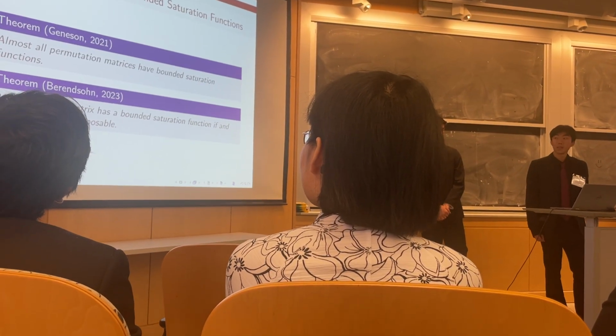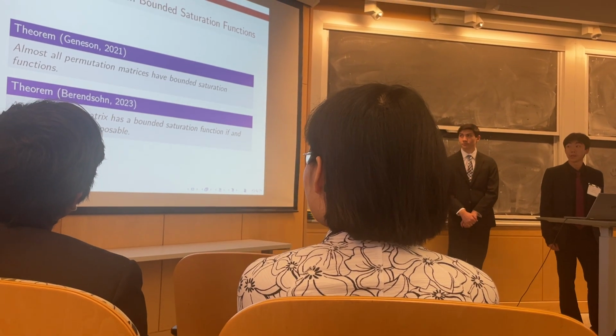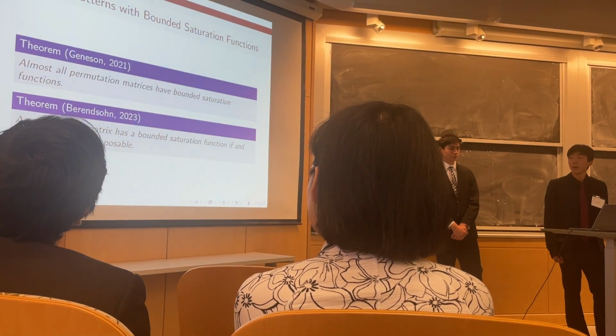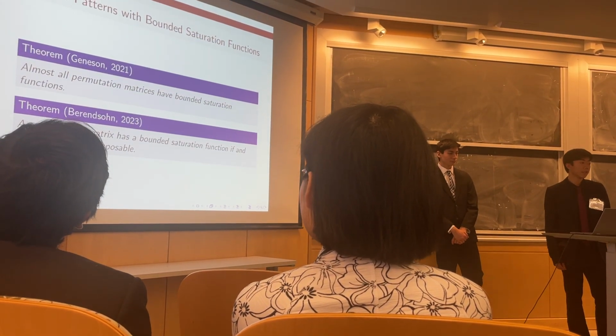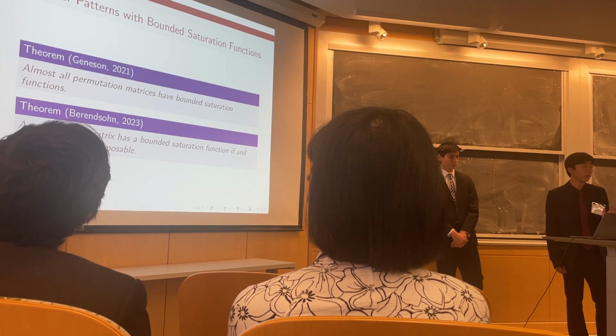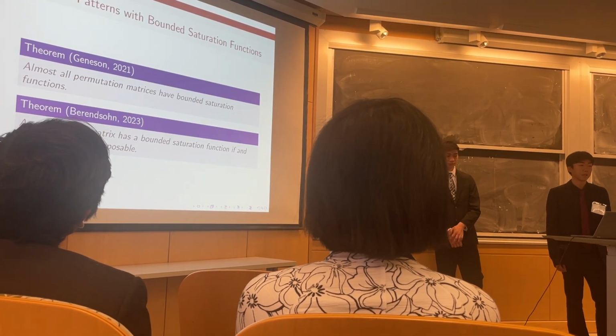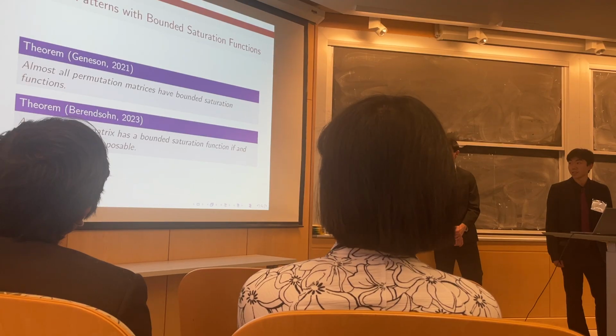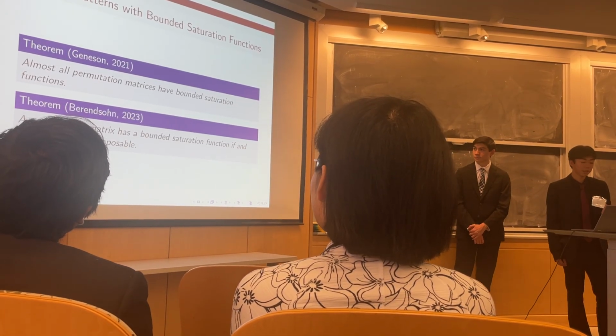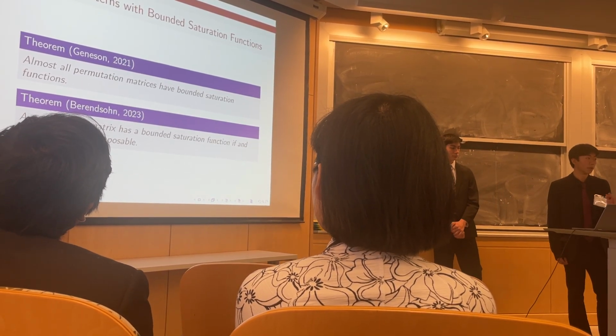And so our mentor, Jesse Jensen, proved that almost all permutation matrices have bounded saturation functions. He did this by showing that multiple infinite families of permutation matrices all had bounded saturation functions, and then through a calculation, he showed that this constitutes almost all of them.